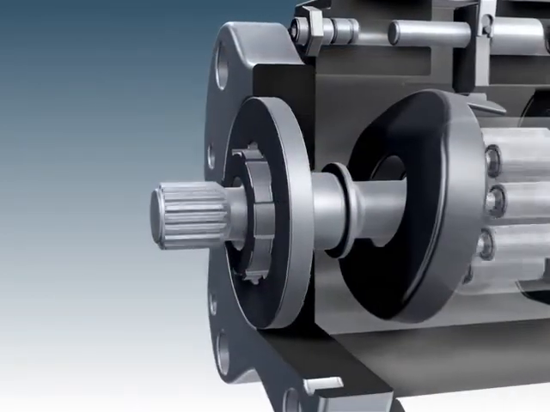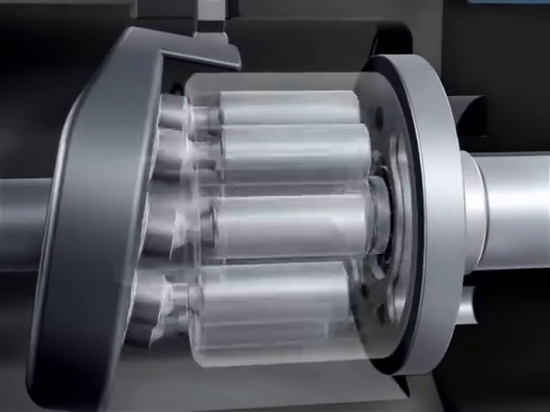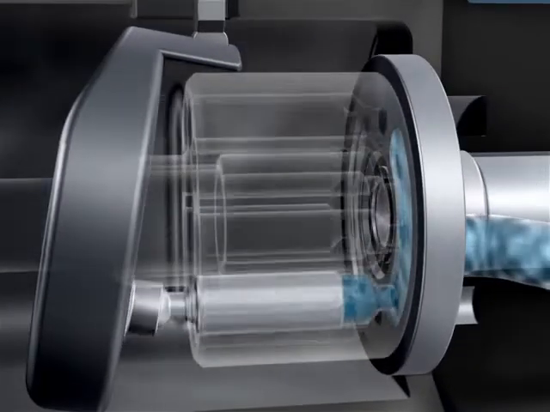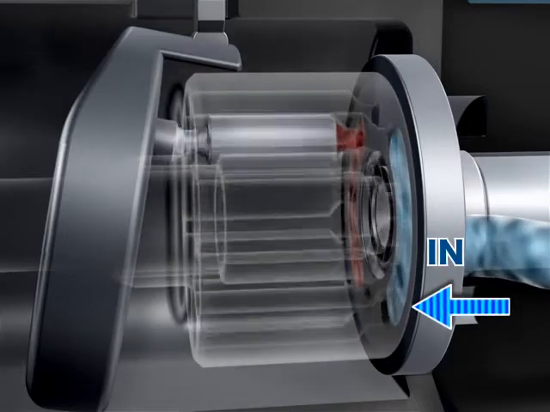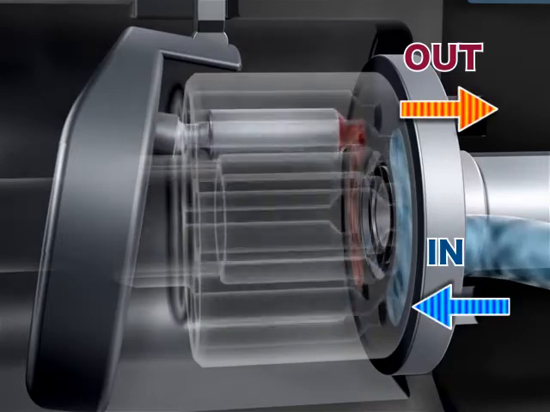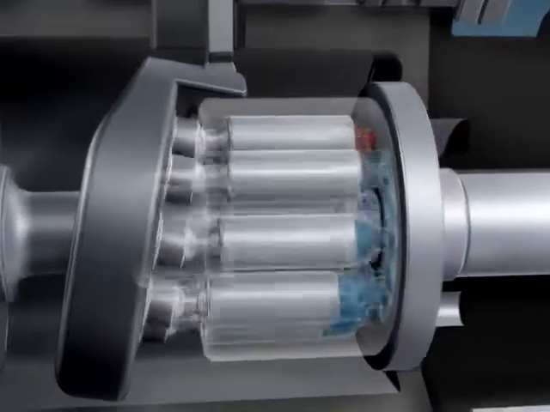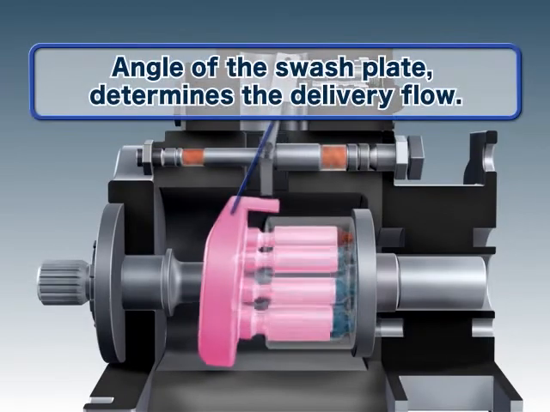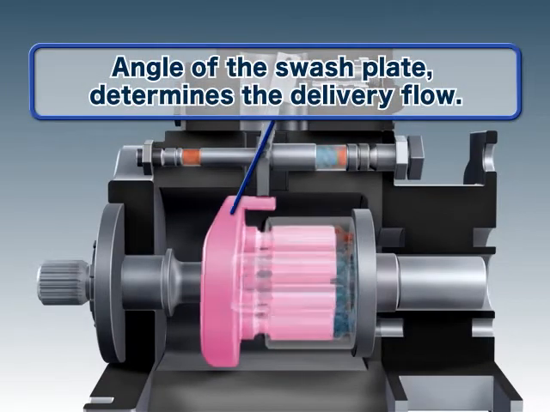As the shaft rotates, the plunger strokes along the swash plate, sucking and delivering hydraulic oil. The delivery flow can be adjusted by altering the inclination of the swash plate.